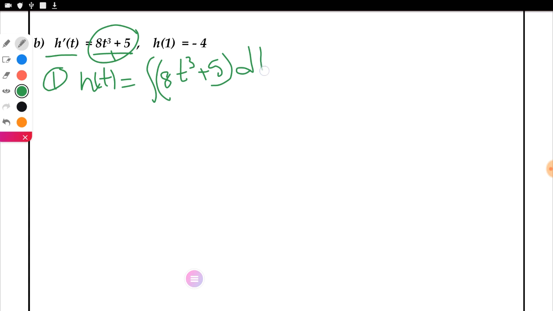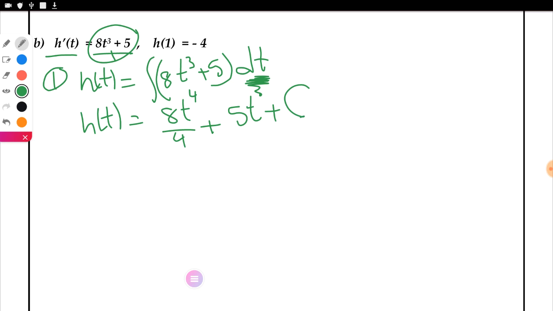You have to know with respect to which variable, the variable of the function. Here h(t), just apply the rule, it will be 8t to the power 4 over 4 plus the integration of 5, which is 5t, plus constant. Written in the simplest form: 2t to the power 4 plus 5t plus constant.